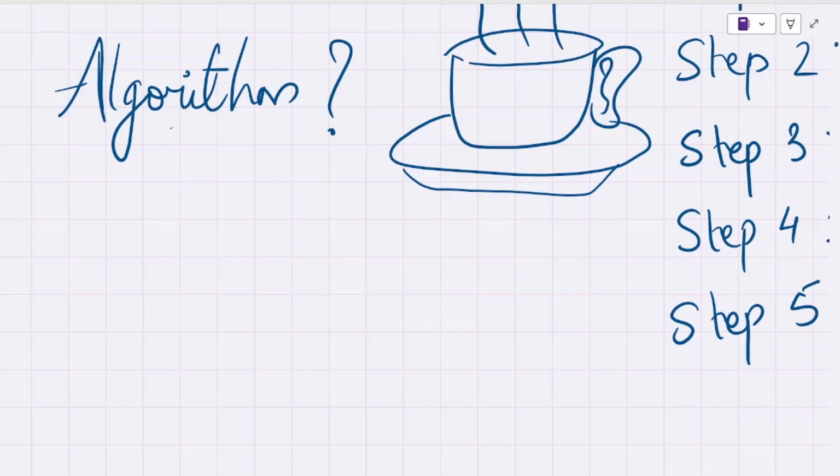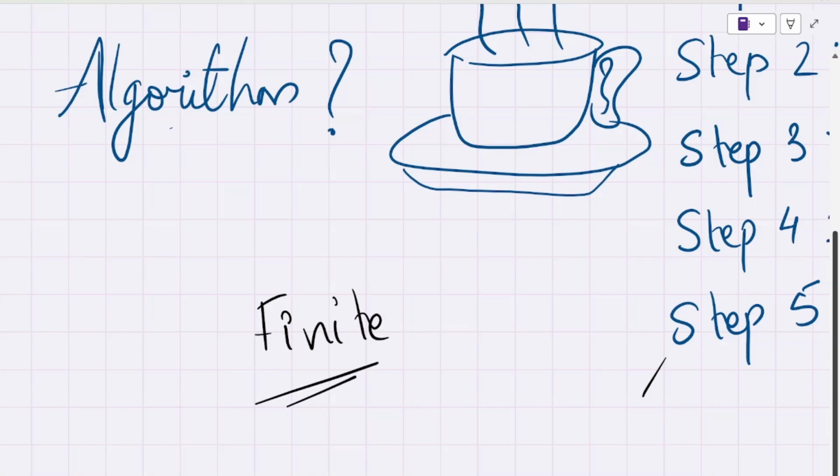That is called algorithm. So an algorithm is a finite sequence of instructions. What you need to remember always is that they are finite. We cannot say there are infinite. At some point, we will have to finish writing them. And why are we using algorithm? As I told you, we need to solve a problem.